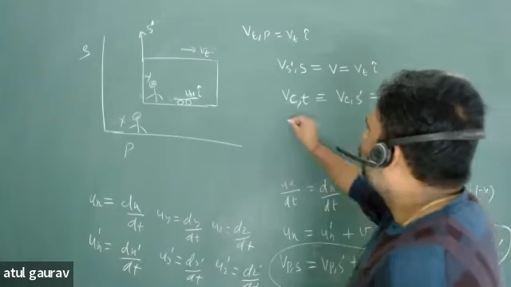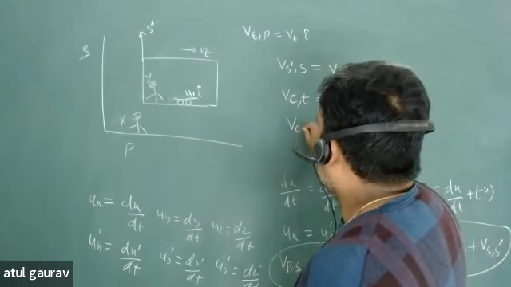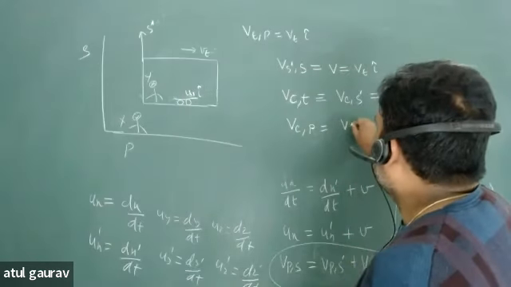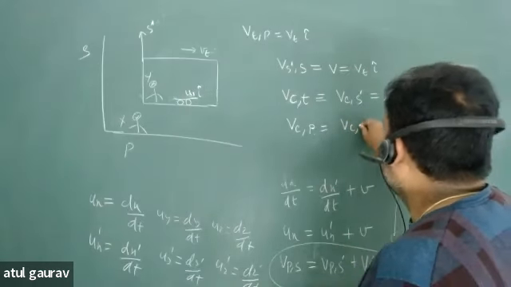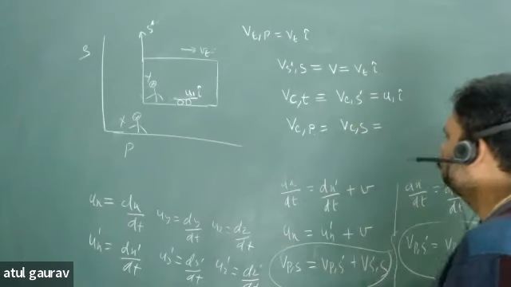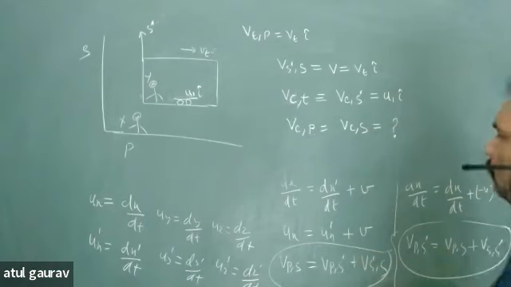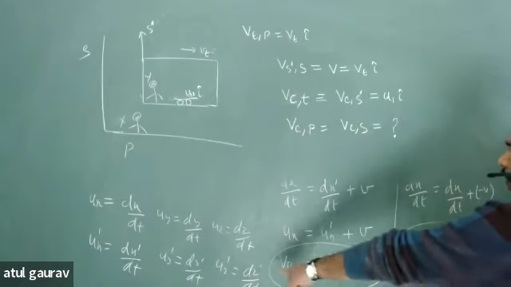Now, what do we have to calculate? We have to calculate the velocity of the car with respect to the platform. That means we have to calculate the velocity of the car with respect to the S frame. यही calculate करना है ना? Yes. So I can use this concept.